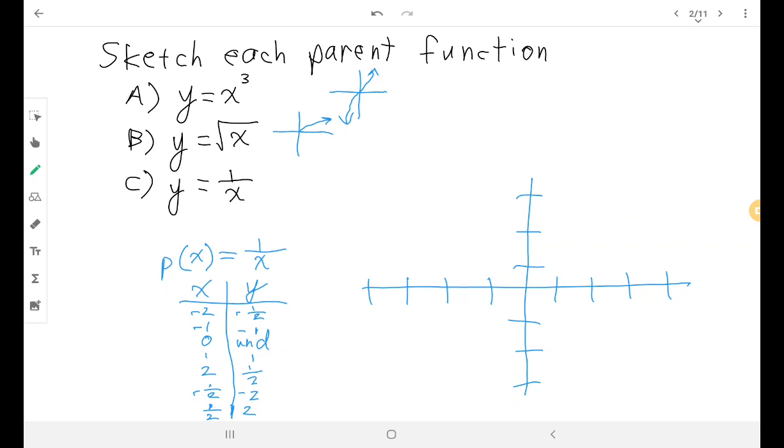So -2, -1/2 is there, -1 is there. We've got -1/2 and -2 there. I'm taking that from that right there. So we're sort of seeing something there. And then 1/2 and 2 is like there.